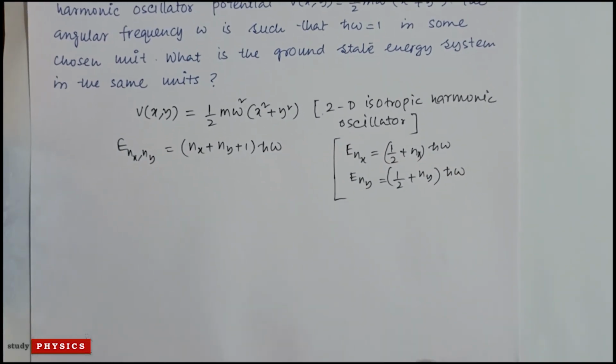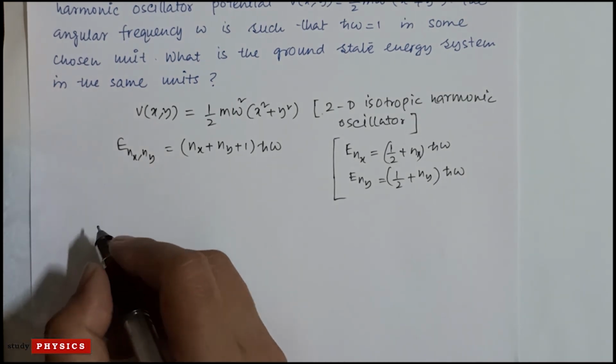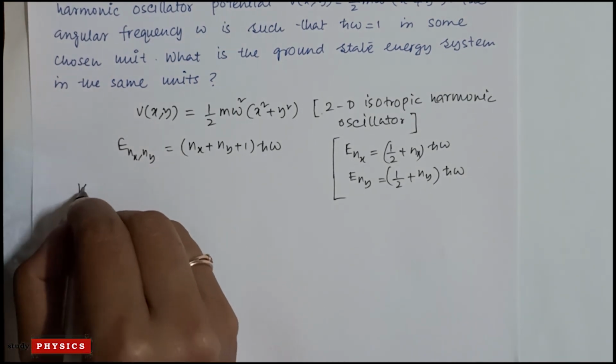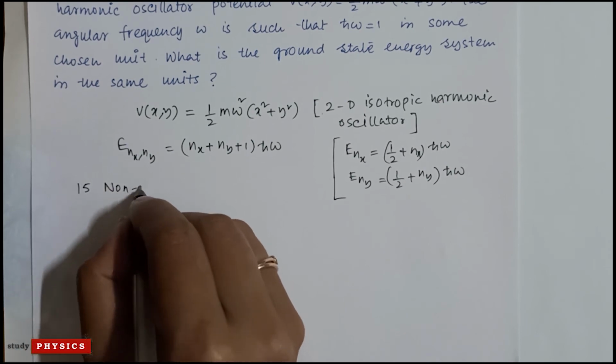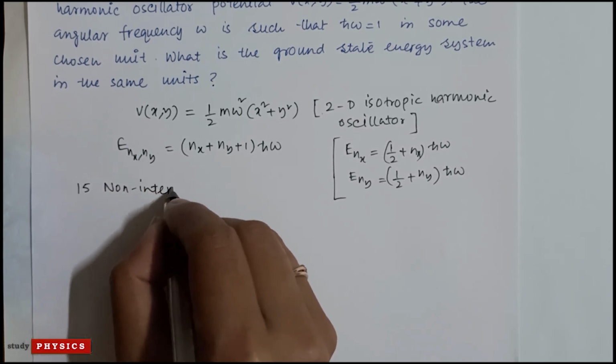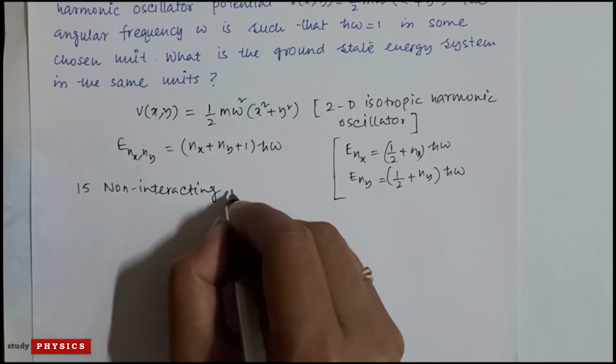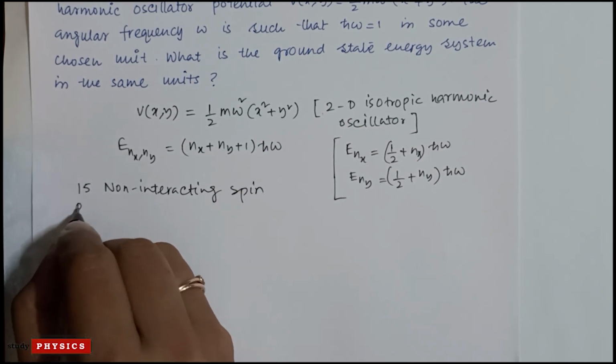Now they have asked about 15 non-interacting spin polarized electrons.